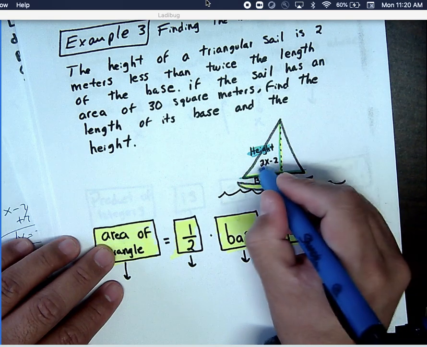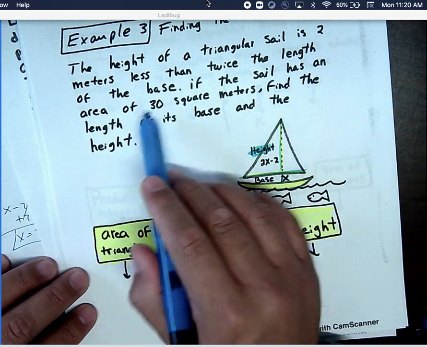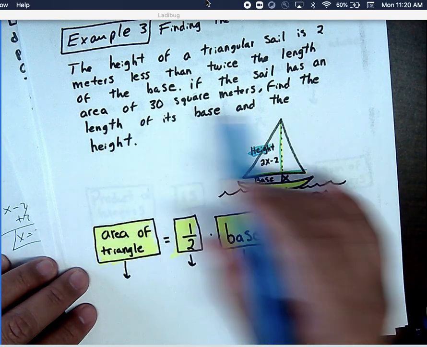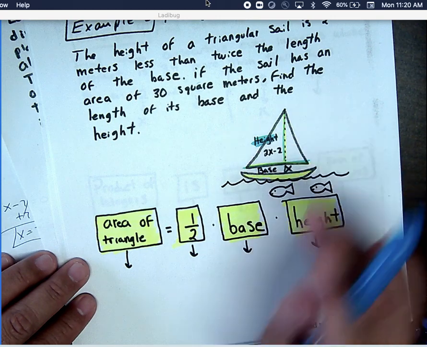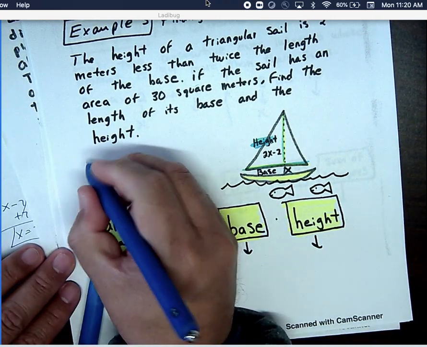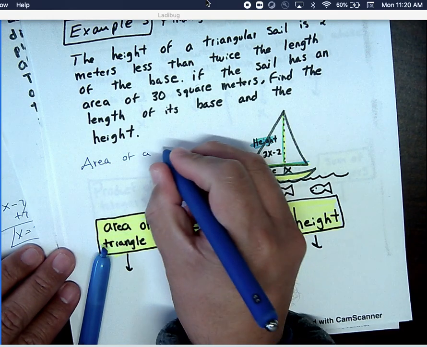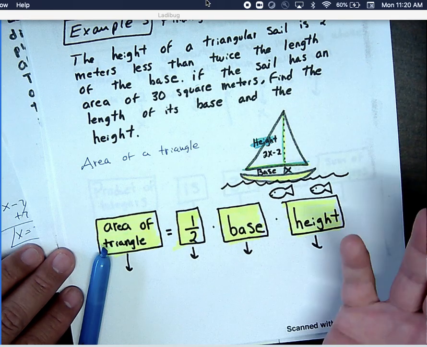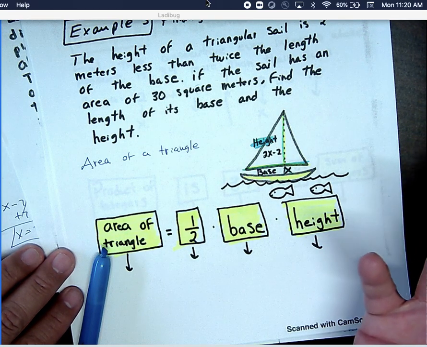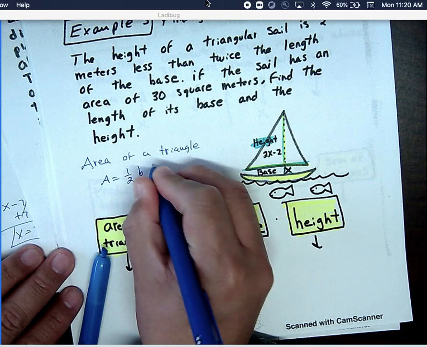So we have our equation set up. Now it's asking us if the sail has an area of 30 square meters. So they're talking about area and triangle. Remember the area of a triangle. That's where you have to think. For sure, you're going to use that formula, which is 1/2 base times the height.